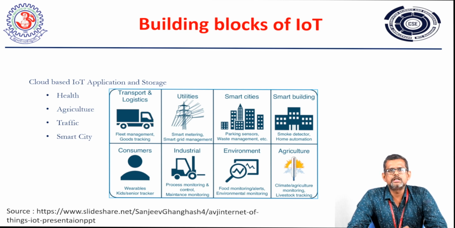Second one, utility smart metering. Nowadays some countries have slowly started smart metering systems. Depending upon the usage of power at your home, a bill will automatically be calculated from the server. Likewise smart parking. In smart parking we have parking sensors to easily identify whether a vehicle slot is free or not.